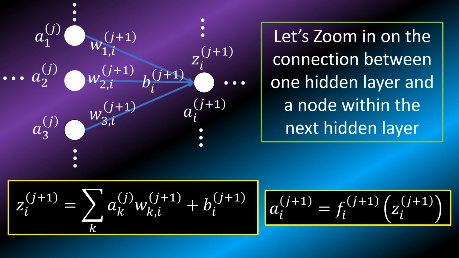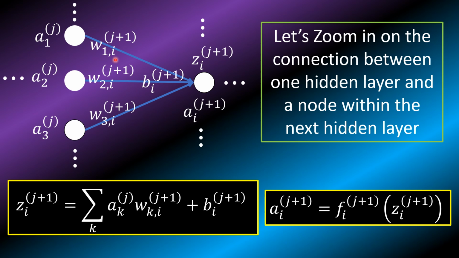Alright, so now let's zoom in on the connection between one of the hidden layers, we'll say hidden layer J, and a node within the next hidden layer, J plus 1. All of these neurons in the Jth layer are connected to this neuron in the J plus 1th layer, and this is the ith neuron in the J plus 1th layer.